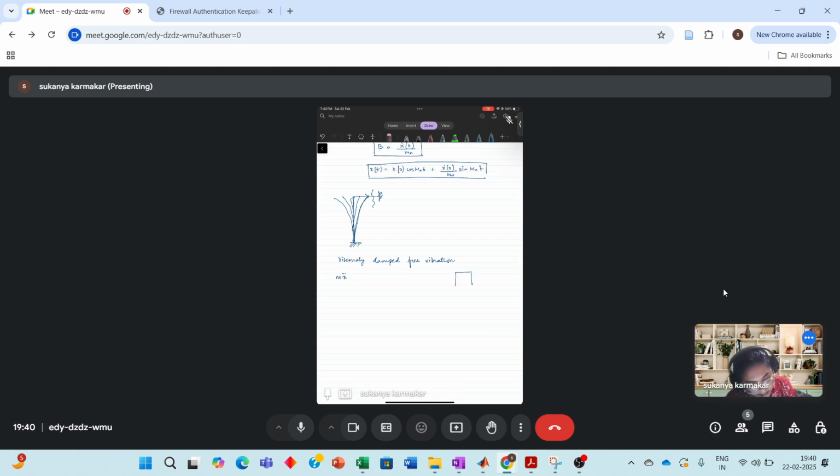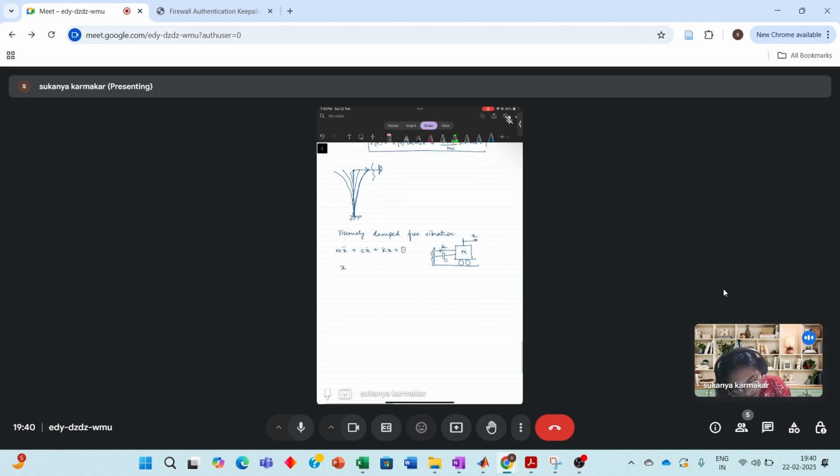Since I'm starting a new topic, let's go ahead. You have a spring, you have a damper, spring stiffness is k, damper coefficient is c, this is mass, this is x, free vibration, no external forces acting. So m x double dot plus c x dot plus k x is equal to 0.